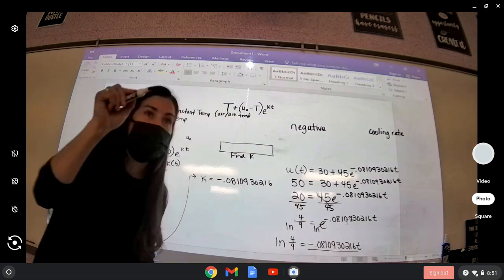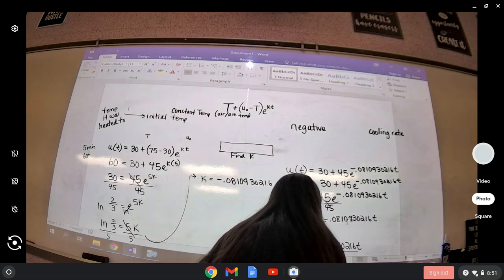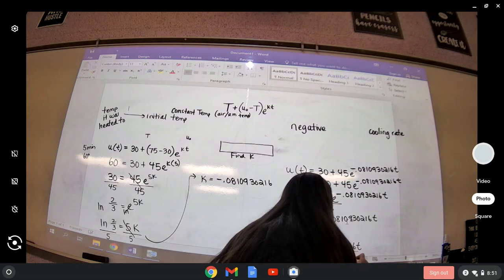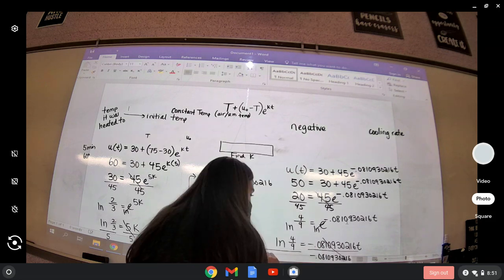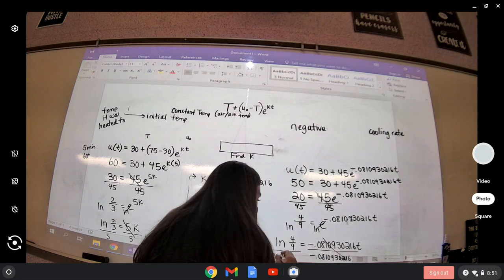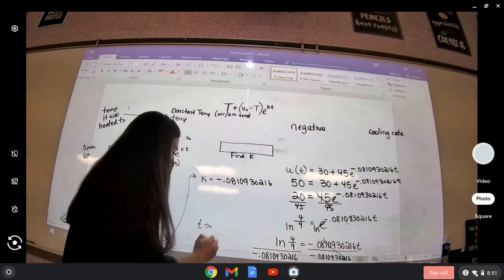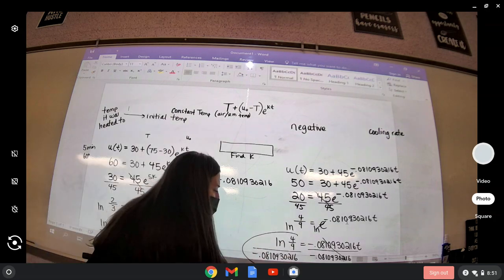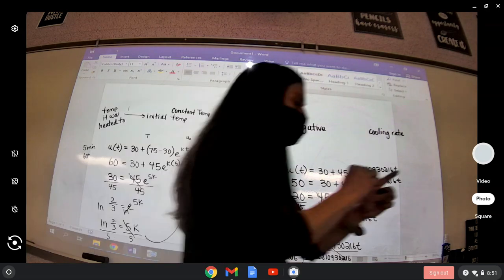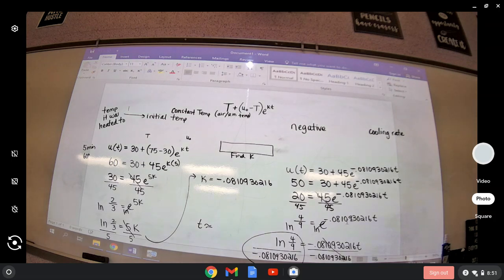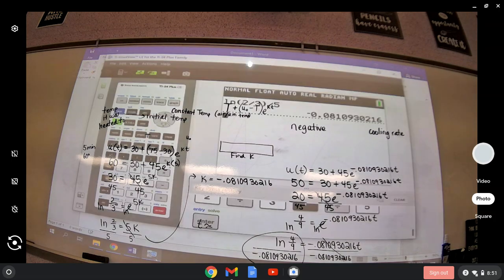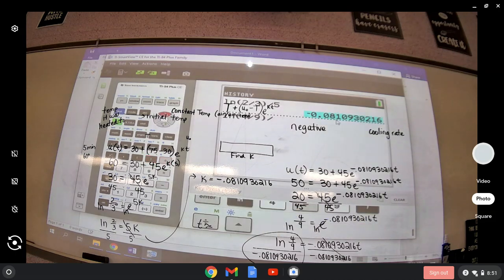And if you have it stored in your calculator, that's great. So the time will be approximately this answer. Take the natural log of 4/9, and divide it by negative 0.081. So if I go to my calculator, again, take the natural log of 4 divided by 9, close parenthesis, divided by, if you up arrow, it highlights that number for you.